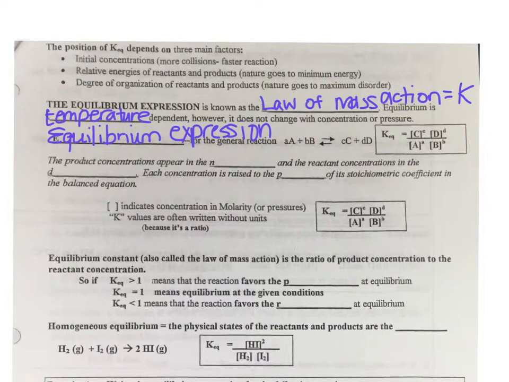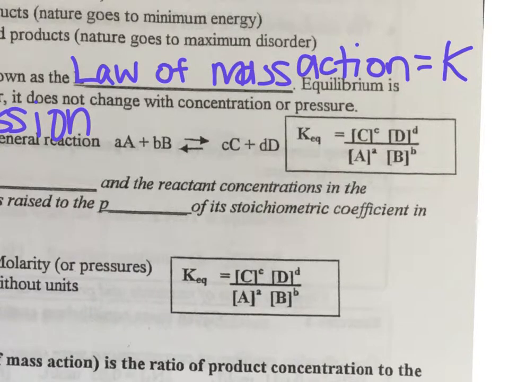For the general reaction, and you guys see little A plus B equals C plus D, all right? So you guys can kind of look at the formula over here, okay? So if you notice, generally, who is on the top out of your reaction? Well, it's C and D, but what are those guys called? Those are the products, right? So it's always going to be your products over your reactants, and that's the general outline of these, all right?